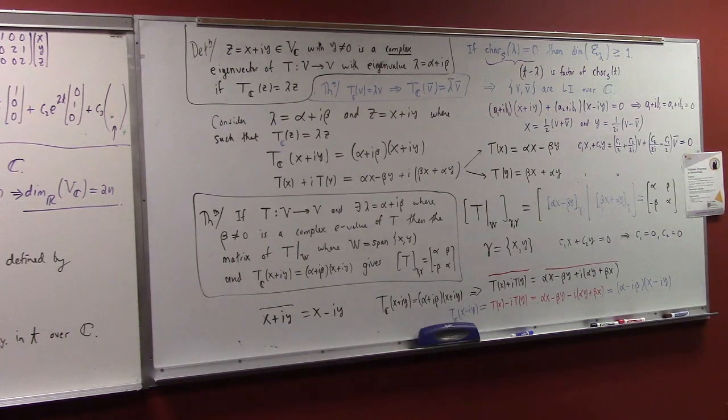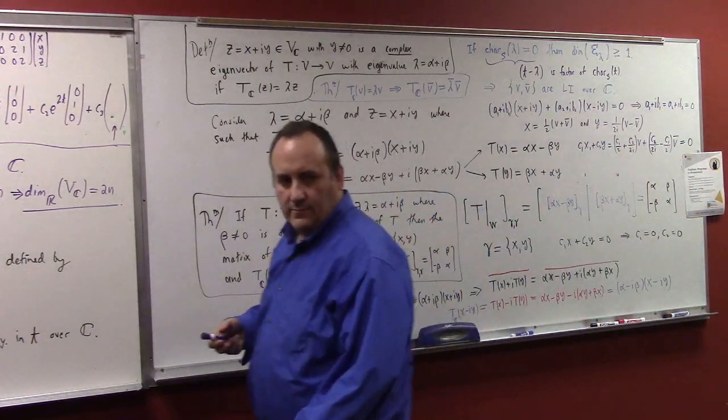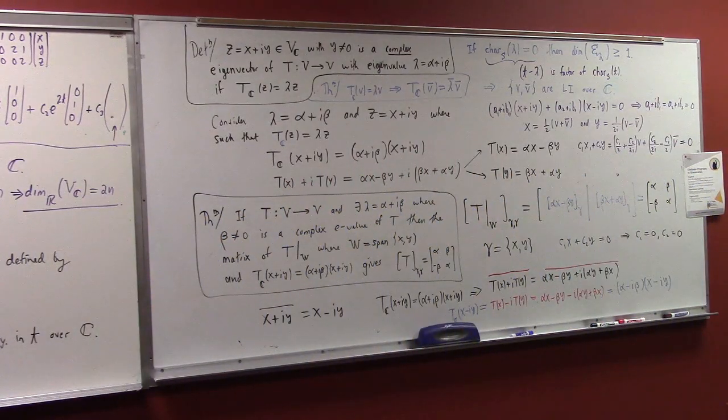But then what? Well, by the complex linear independence, we have that the complex linear combinations of c1 and c2 as pictured in that equation are separately 0.